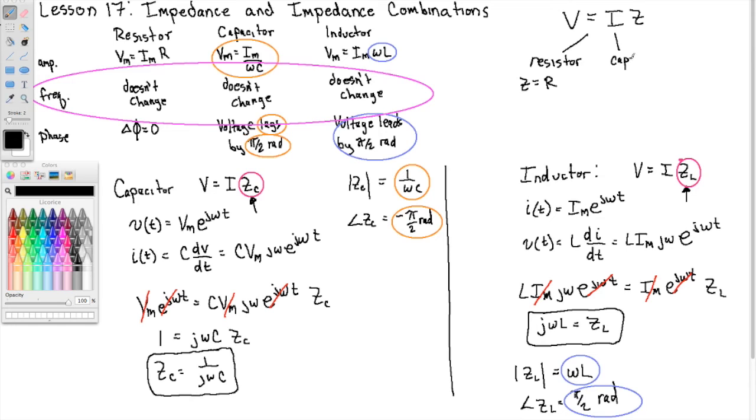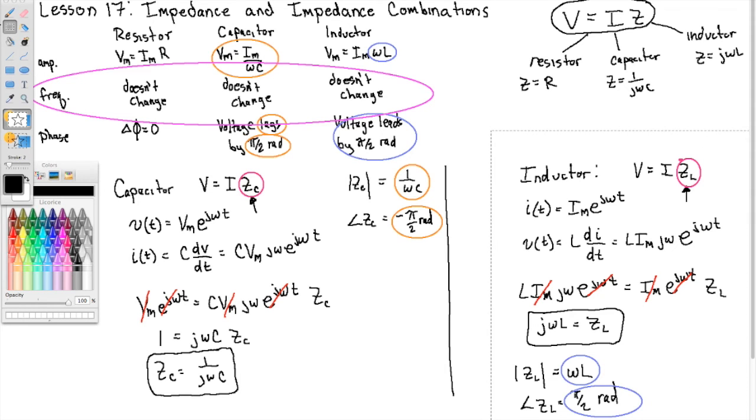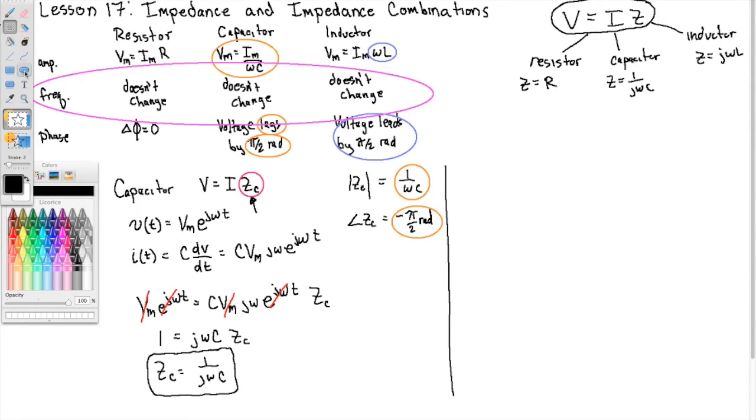For a capacitor, Z is 1 over j omega c. And for an inductor, Z is j omega L. So now, no matter which component we are analyzing, we can use this equation if we plug in the correct Z. So this whole time, what we've been calling a resistor, okay?